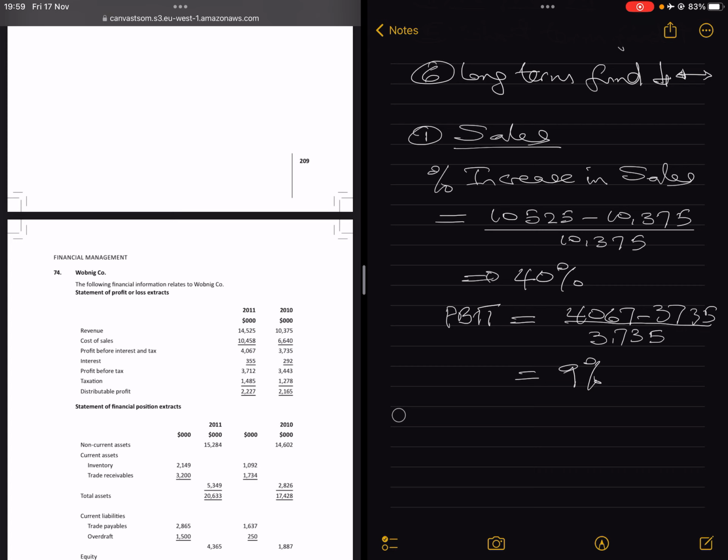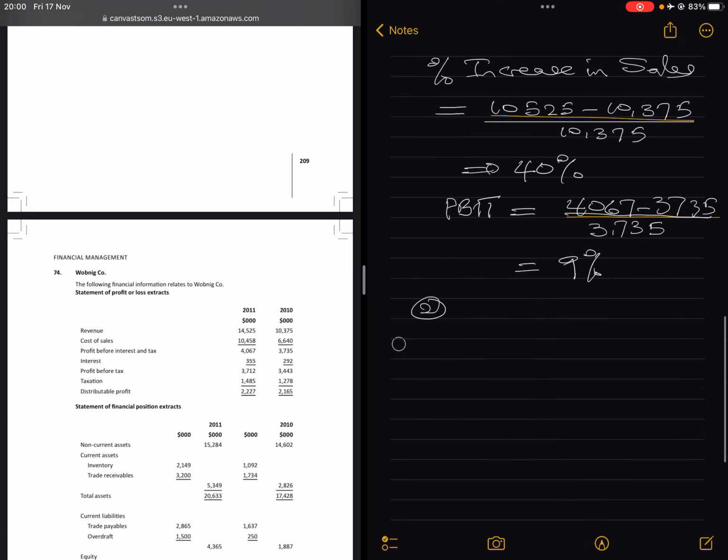However, the profit before interest and tax has only gone up by 9%. So, in as much as this also shows that the cost management is really terrible, you can as well see that the revenue that has gone up by 40% has not translated into a better fortune for the company. So that's first signal, but we can't conclude based on that. Let's look at other factors.